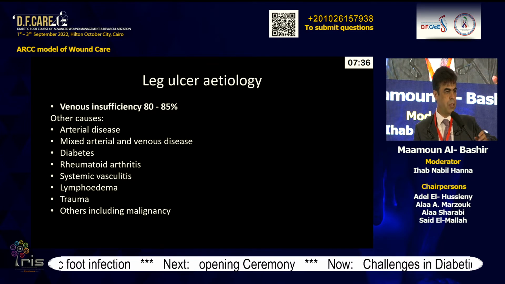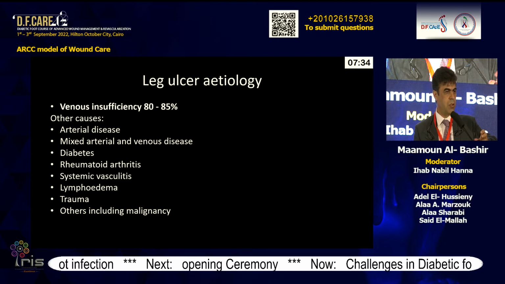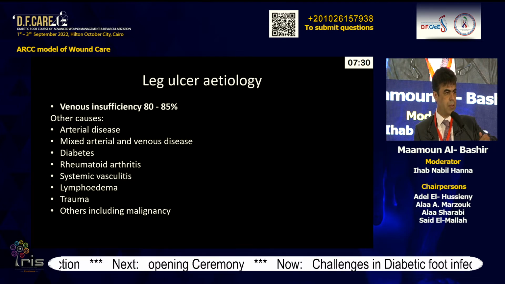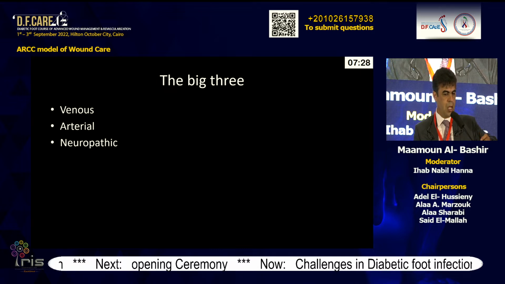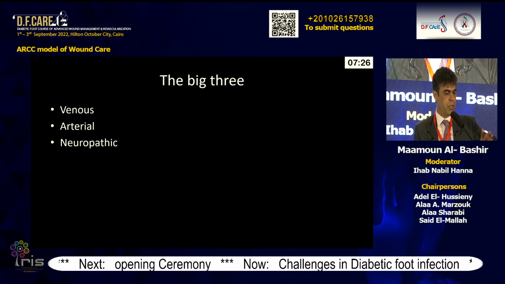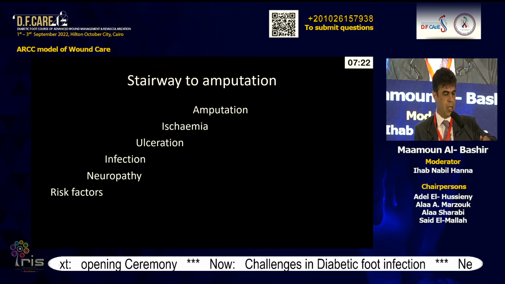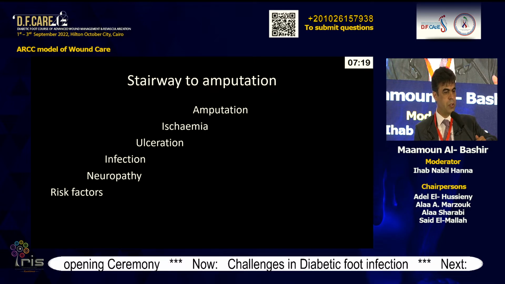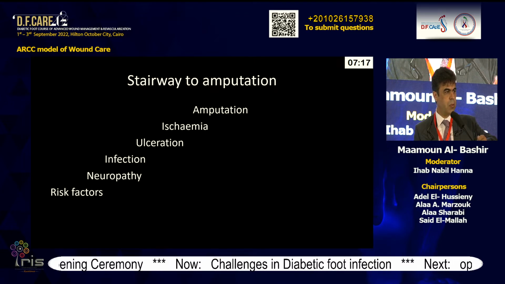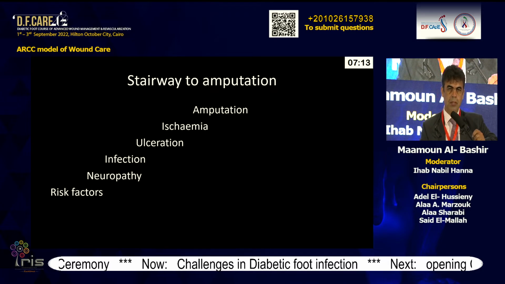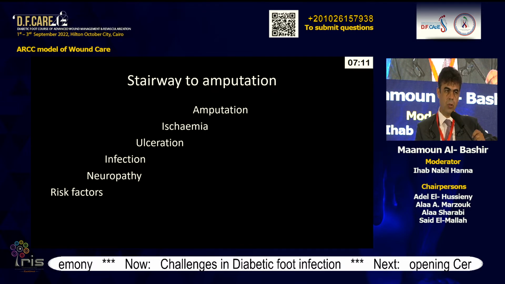Venous insufficiency takes the prime with about 70 to 85%, and the rest are all these spectrums of etiologies. The big three, however, are venous, arterial, and neuropathic, and that's what we mostly deal with. And that will go along the stairway of amputation, especially with ischemia, because all wounds are essentially ischemic, either at the macro level or at the micro level.